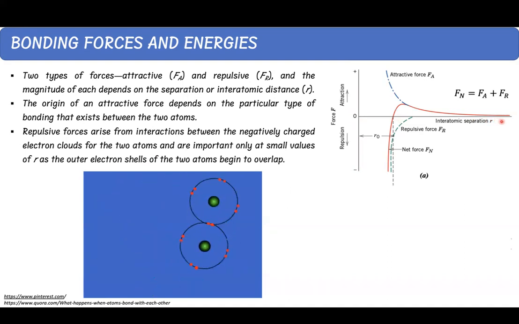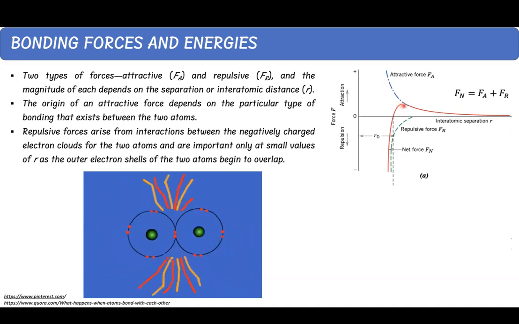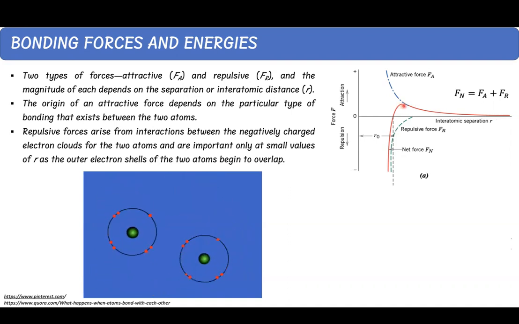If the two atoms are far away from each other, there will be no interaction between them. As they get closer and closer, the attractive force gets higher and higher. After that, at one point, there will be a repulsive force between the two atoms.